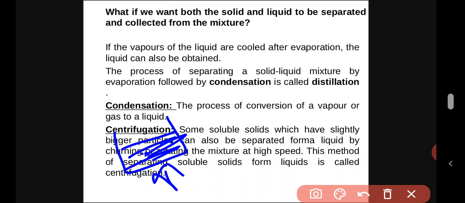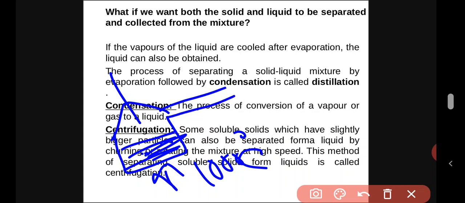When it is heated to 100 degrees Celsius, and the vapors are cooled, we use this as a flask, and from the flask there is a condenser and another container.